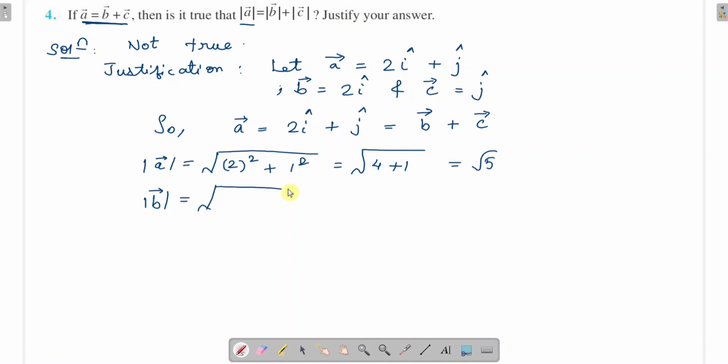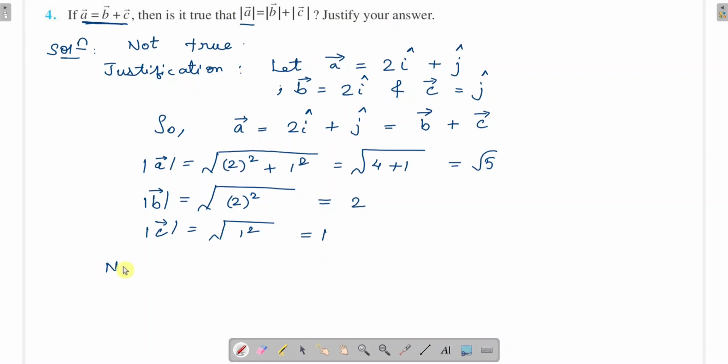Root of 2 square only, right? Because there is no j, there is no k cap. So 2 square plus 0 square plus 0 square. Okay, so we will get 2 here. Then magnitude of c bar is what? It is root of 1 square. So that is nothing but 1, right?